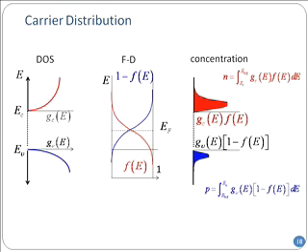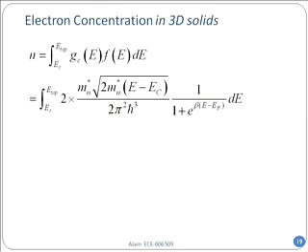Now you see, the only unknown in here is the EF, because I know the density of state. As soon as I know a material, I know the effective masses, the band gap, where EC and EV are. I know all those. The only unknown, somehow if I could get EF, I'm all set. I can calculate N, I can calculate T, and I can calculate conduction.